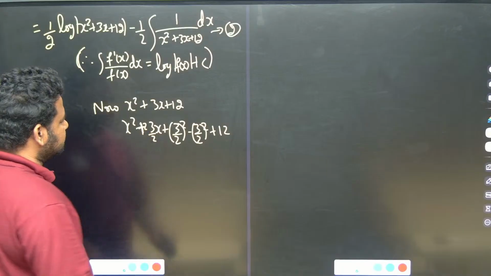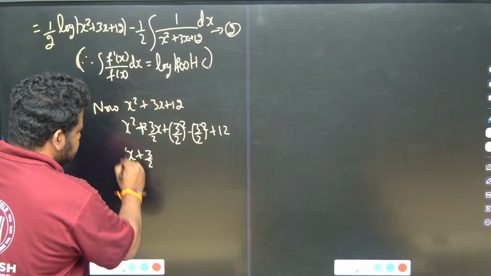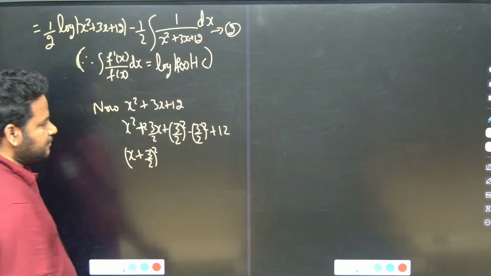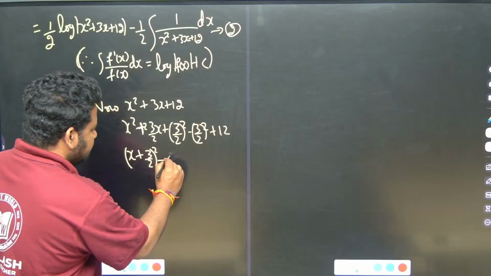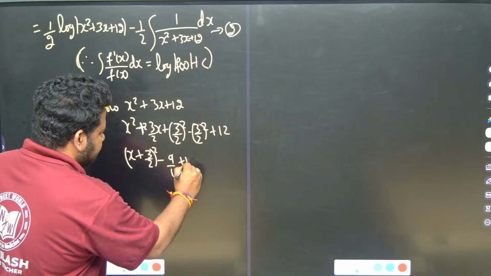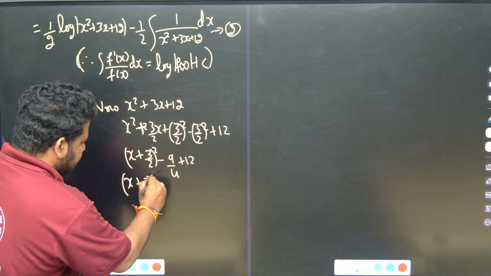So this will become x plus 3 by 2 whole square minus 3 by 2 whole square, which is 9 by 4, plus 12. So I can write it as x plus 3 by 2 whole square minus 9 by 4 plus 12.